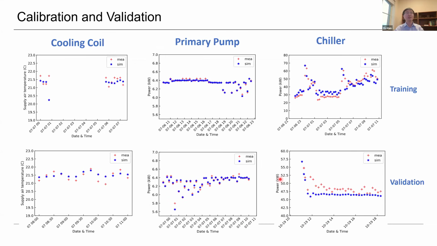So the pattern, you can see the training and the validation. Training is the calibration, and validation is the test. So basically, in both training and validation data sets, this is a simulation, and this is a measurement. They are in pretty good agreement with each other, meaning our simulation model can capture the real dynamics pretty well.